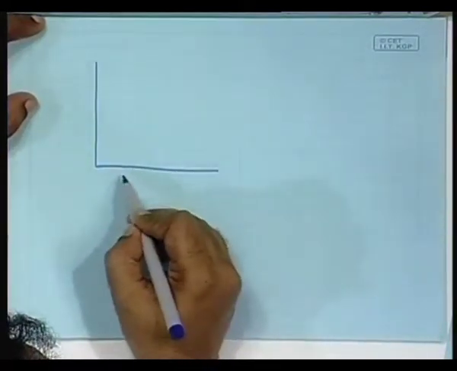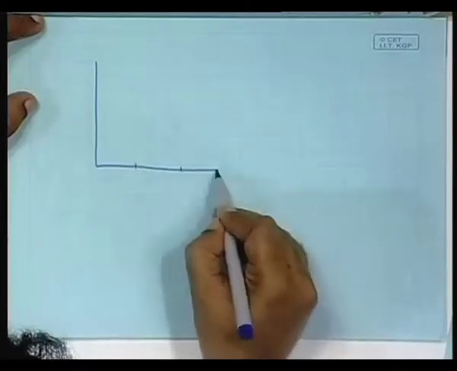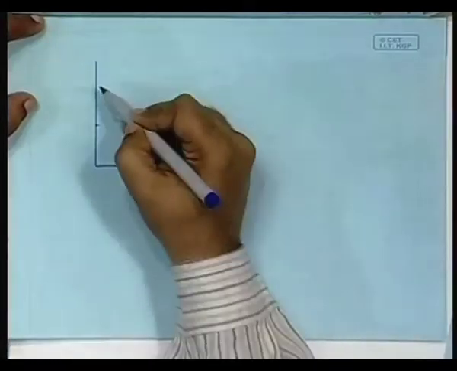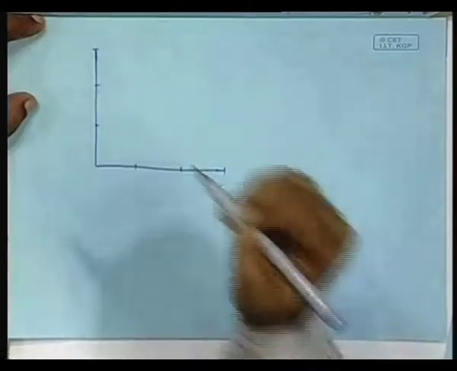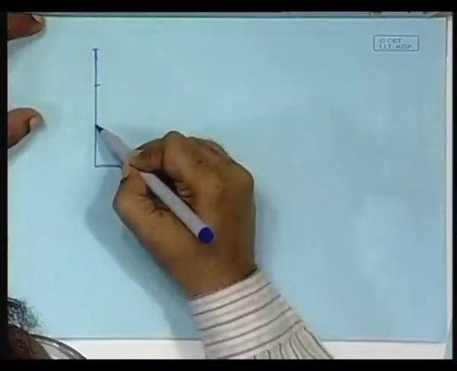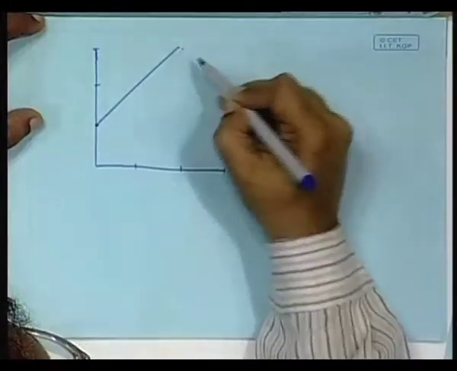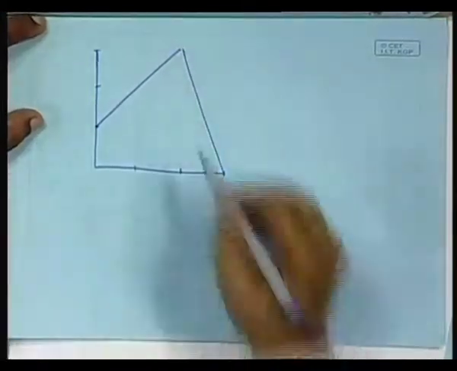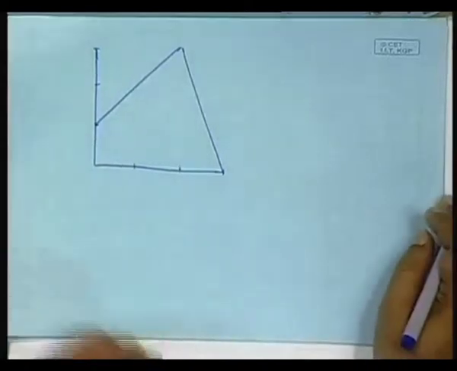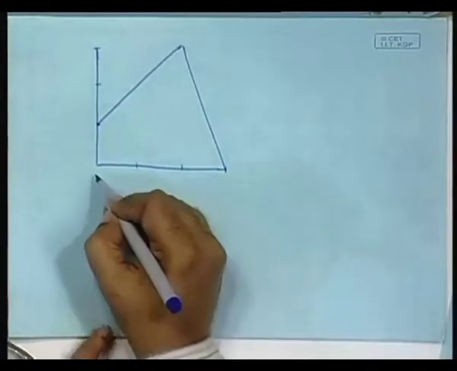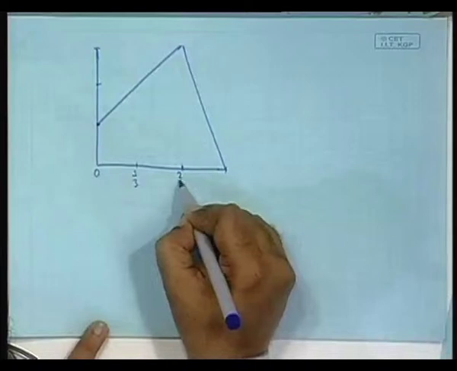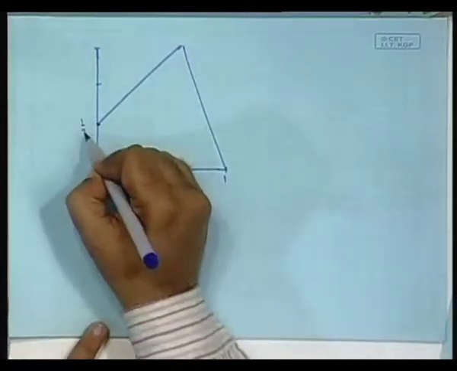See, it starts from 1/3, goes to this point, and then it falls like this. That is the shape of the map. This is 0, 1/3, 2/3, 1, 1/3.